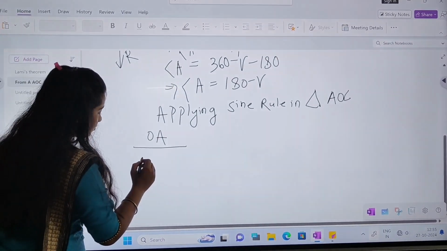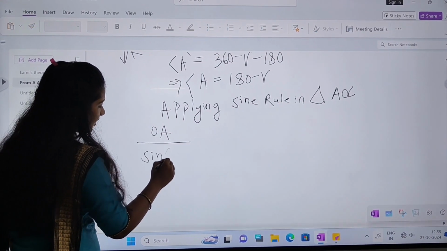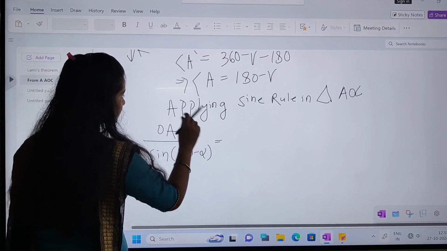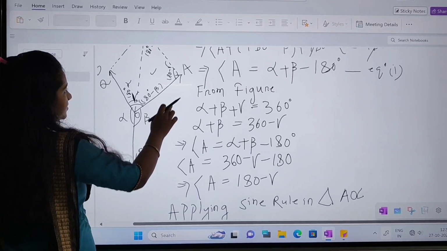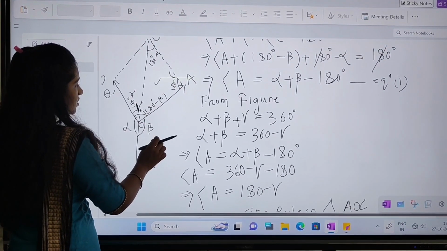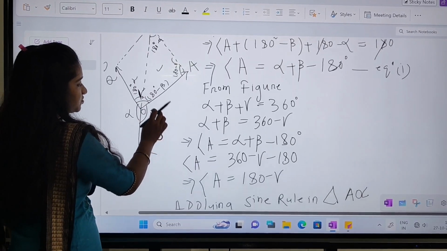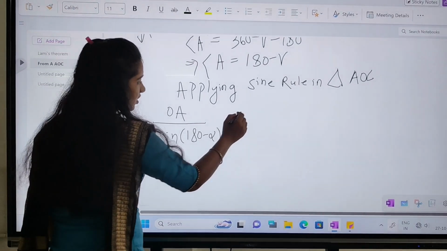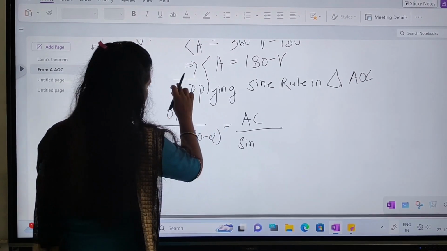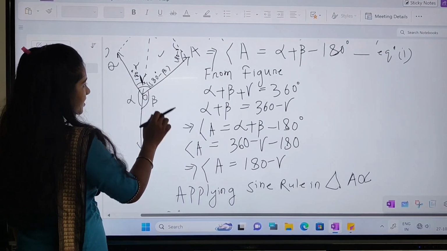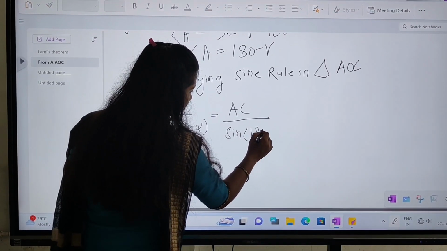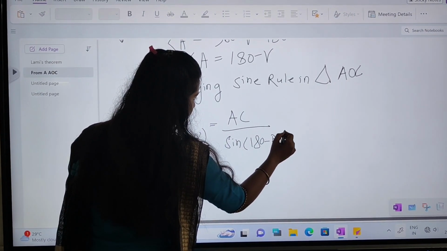So we write down sine of 180 degrees minus alpha. Next, this side AC is proportional to the sine of this angle, which is 180 degrees minus beta. So we write down 180 degrees minus beta.